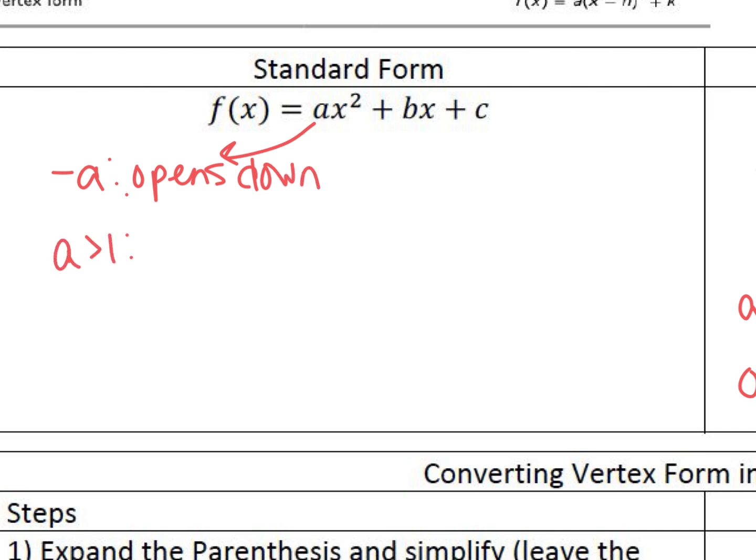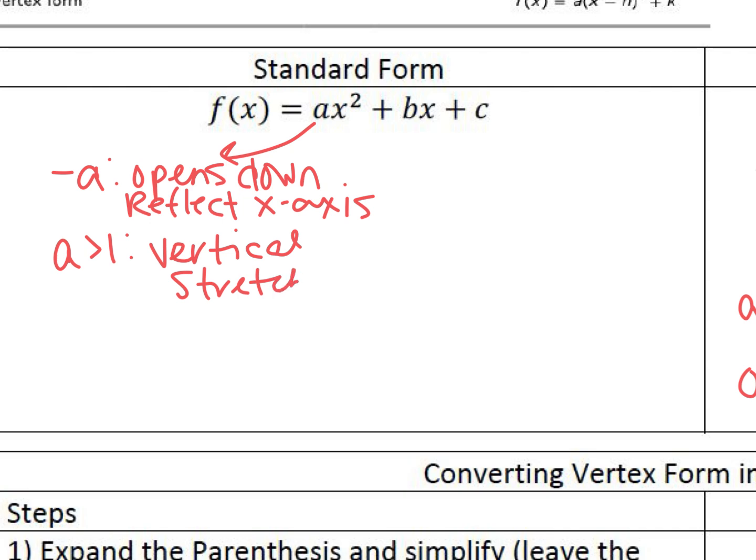Or we can also write reflect over the x-axis. We said this was a vertical stretch. You can abbreviate if you don't want to write it all out again, or you can just draw an arrow to the other side versus a vertical compression.